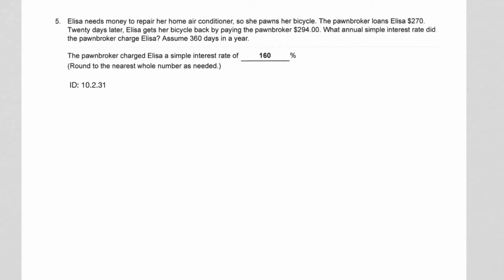So Eliza needs money to repair her home air conditioner, so she pawns her bicycle. The pawn shop is holding her bicycle. It's probably worth maybe $500, and the pawnbroker loans her a portion of that value right here. So that's your principal. 20 days later, that's the time.